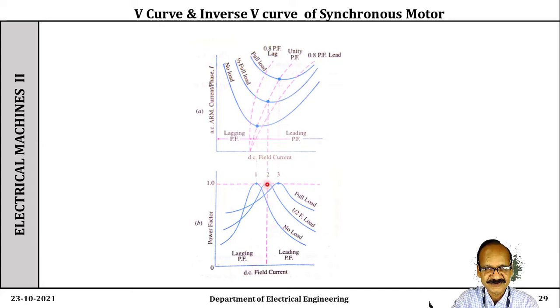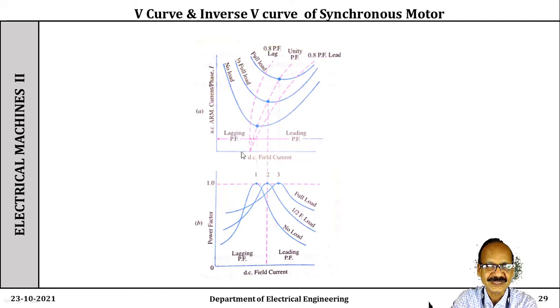If the load on the motor is further increased, say half load, in order to get unity power factor we need to increase the excitation. Further, at full load, the power factor becomes unity at a larger field current. So that's why we are getting these 3 points, 1, 2, 3 respectively, for no load, half load and full load. So this is about the V curve of the synchronous motor.